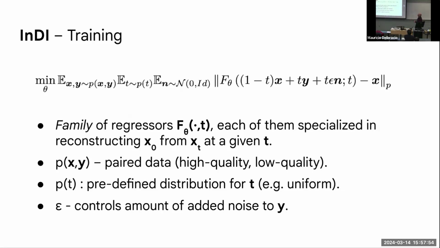For example, we can try to minimize the L2 reconstruction loss or L1. It really doesn't matter much. And here the parameter epsilon controls the amount of noise that we will add.